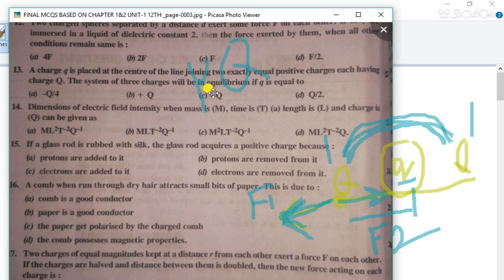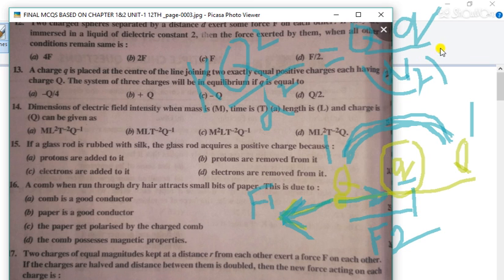So I will write K Q square by d square, and the F2 force will be equal to Q into small q by distance is now halved, d by 2 whole square, that means d by 2 whole square.